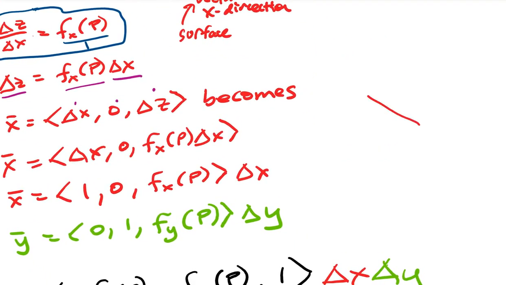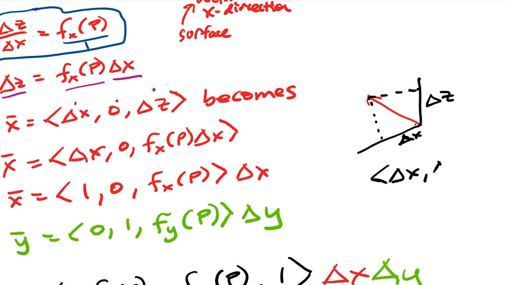If I draw the scenario again here, here's x, and this is z, then it can be expressed using the x component, delta x, and the z component, delta z. So that vector would be delta x comma delta z.